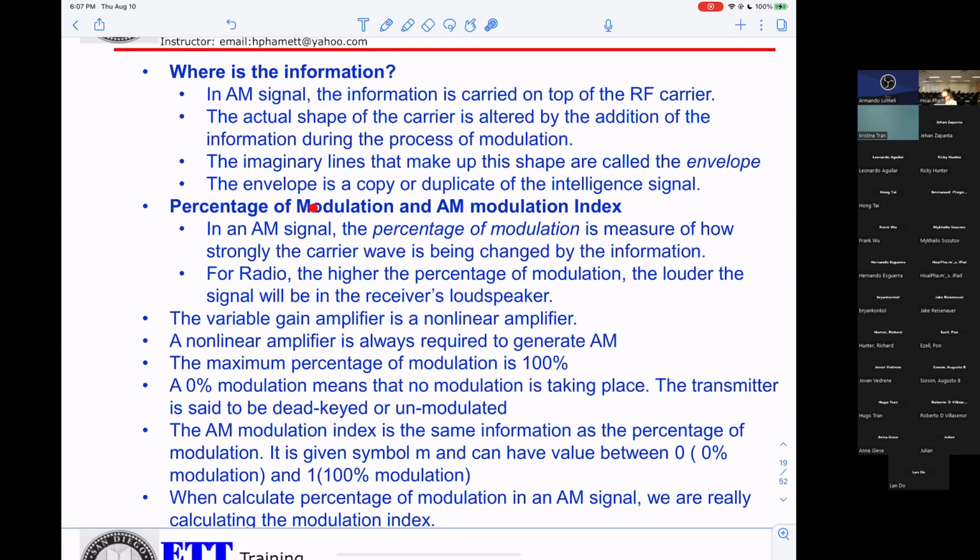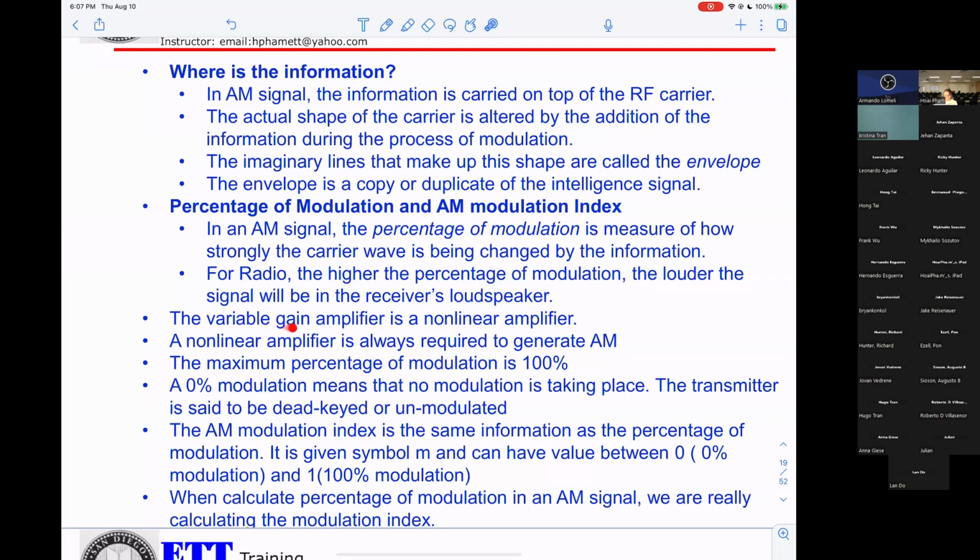Percentage of modulation and AM modulation index. In an AM signal, the percentage of modulation is a measure of how strongly the carrier wave is being changed by the information. For radio, the higher the percentage of modulation, the louder the signal will be in the receiver loudspeaker.